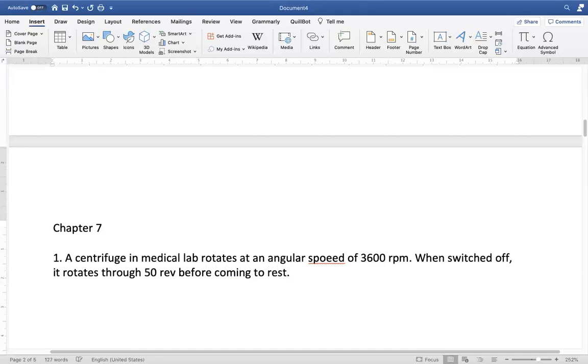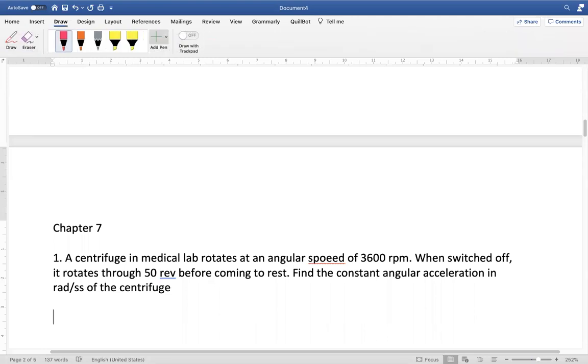So dia cakap final angular speed dia kosong lah. Find the constant angular acceleration in radians per second squared of the centrifuge. Okay, jangan tulis macam tu tau, tulis second squared betul. Ni saya nak cepat. Nak buat 2 terus lah. Tak payahlah, nanti tak sempat. Okay, so let's do this question really quickly.